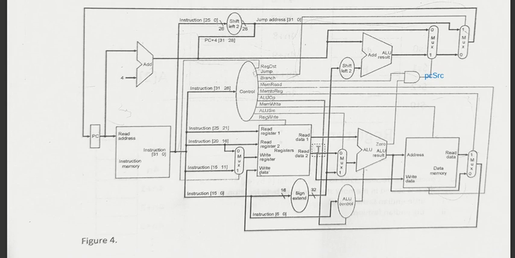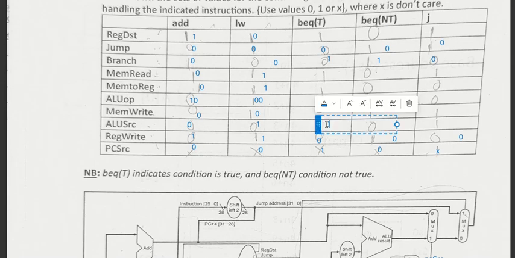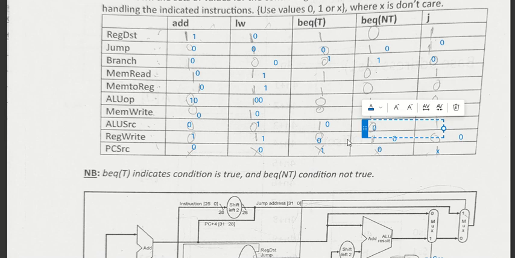Well, for branch equal, the ALUSrc will take from these two registers, right? So the ALUSrc will be zero here, right? And it will also be zero here because it is the same branch equal instruction.